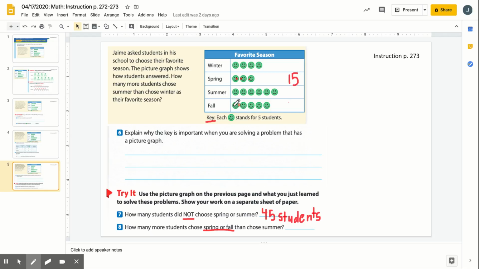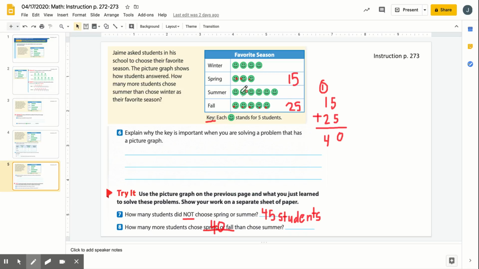And for fall, we have 5, 10, 15, 20, 25 students. So again, what we can do is add them. In my ones place, 5 plus 5 equals 10. Carry my 1. 1 plus 1 equals 2, plus 2 equals 4. So for spring or fall, there were 40 students.